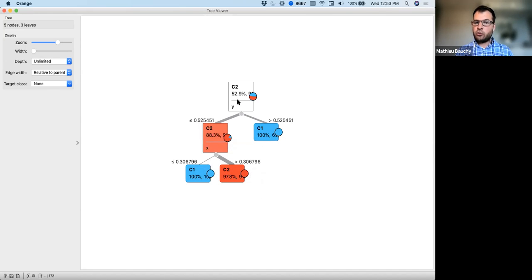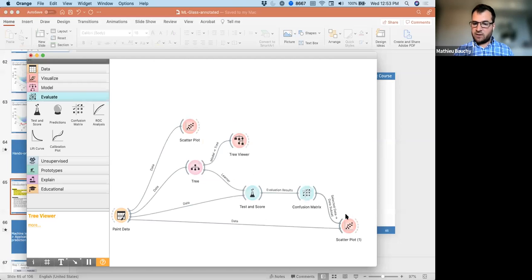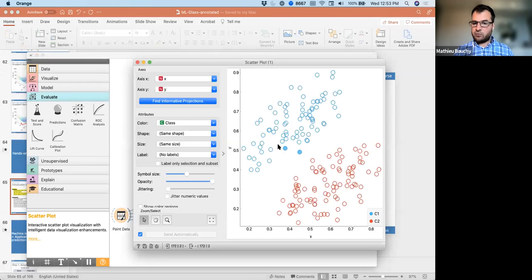These are the rules the tree learns, and this is how it thinks you can classify those data points into red or blue. This is a very simple tree with only two levels, one first branch and then a second branch. So this model is not very accurate, and that's why it gets confused here.